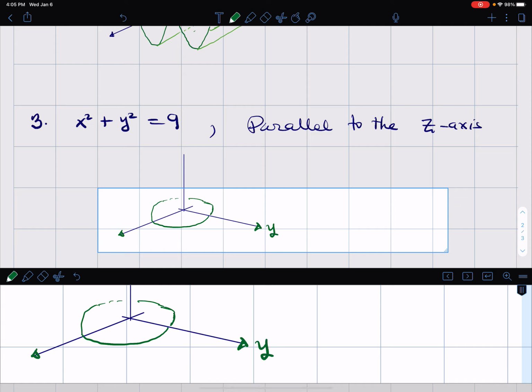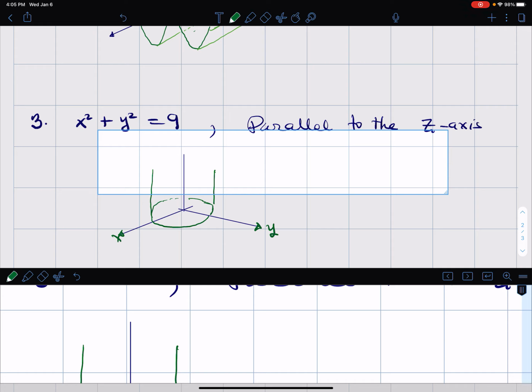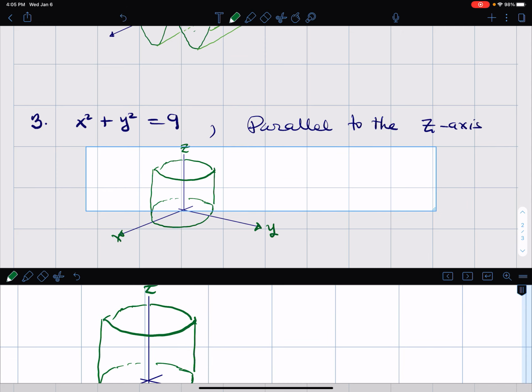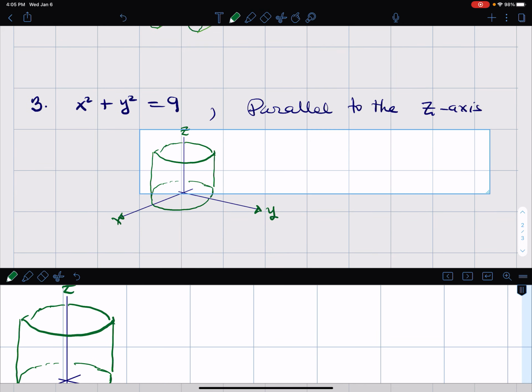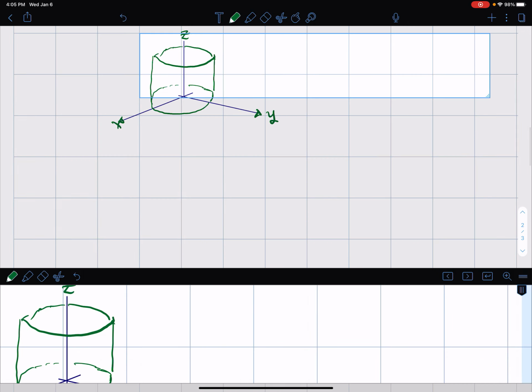So this is y, this is x, and then you extend it along the z-axis. So this is actually a real cylinder.